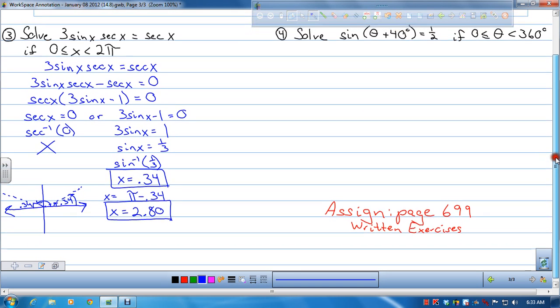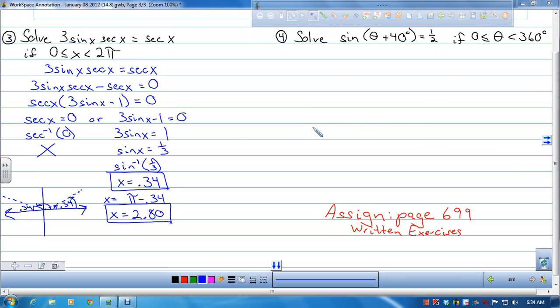Okay. Now, we have one other type of problem that we will need to understand here, and that's when our variable or our unknown theta is intertwined with another value in here. So what I need to do first off is think of this whole part in here as being my unknown. I want to figure out what does this whole thing need to be. I'm not worried about theta yet.